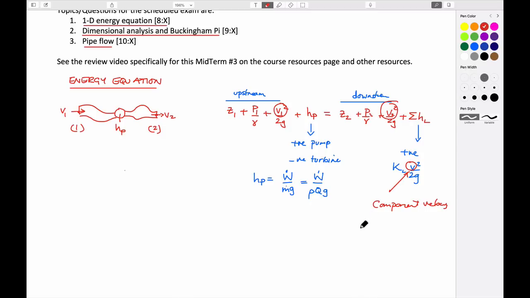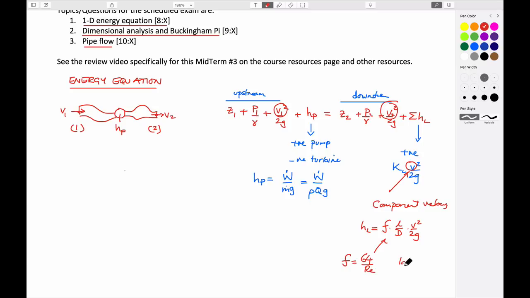If you use pipe flow equations, then this head loss is equal to a friction factor, a length over diameter ratio, and again the velocity inside the component, the pipe. And this is either recovered from a laminar friction factor, which is 64 over Re for a pipe.